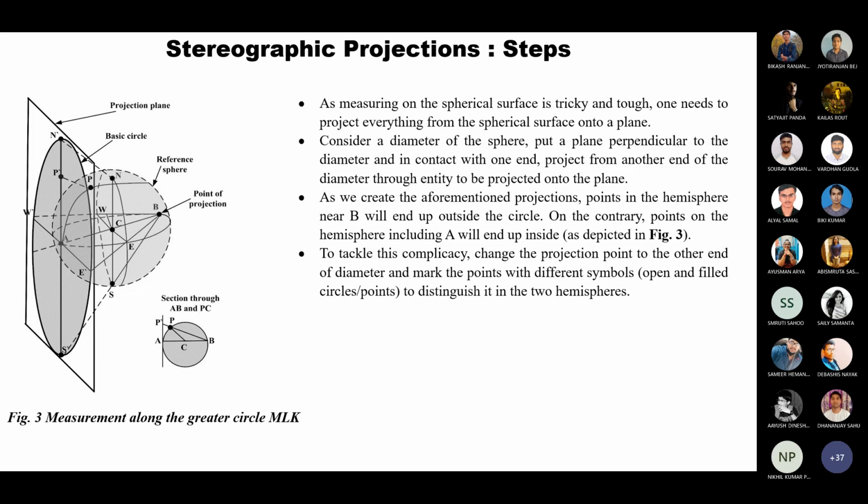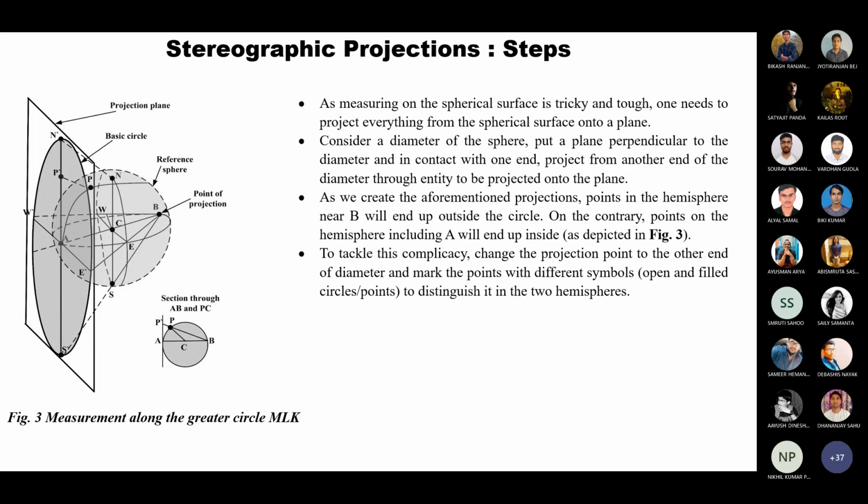So taking the same pole and trying to project two hemispheres is not possible, because one hemisphere will be inscribed in the projected circle, and the other is outside of the primitive circle. Already, why is it so? We understand from the previous discussion. So now we understand that we have to find certain ways to tackle that problem. It's very simple.